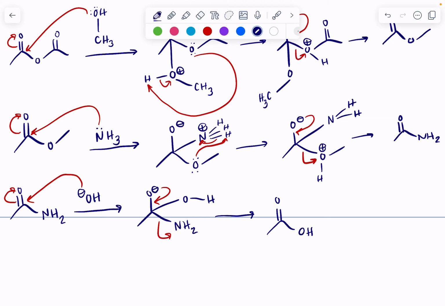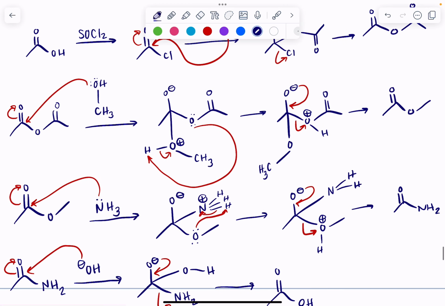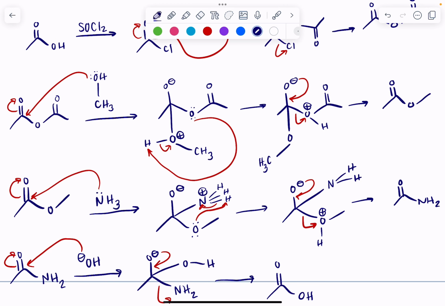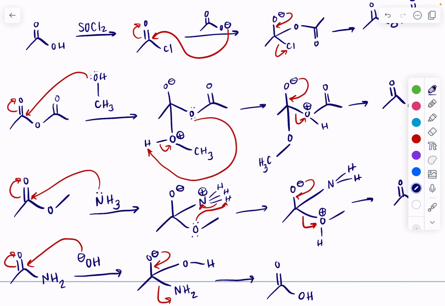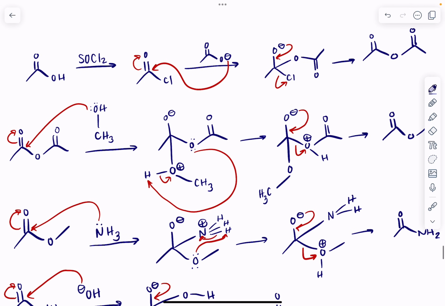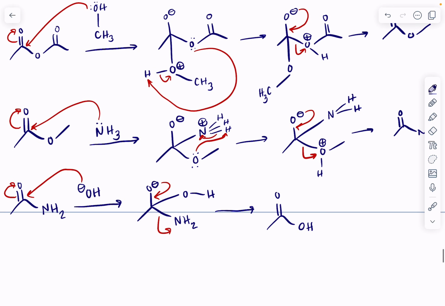And that is all of the acid derivatives from starting with carboxylic acid, going to an acid halide, going from an acid halide to an anhydride, going from an anhydride to an ester to an amide, and an amide all the way back to a carboxylic acid. So this is sort of like a cycle, and you can think of it like that.